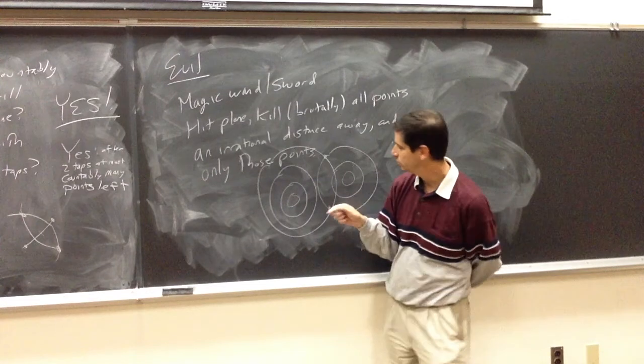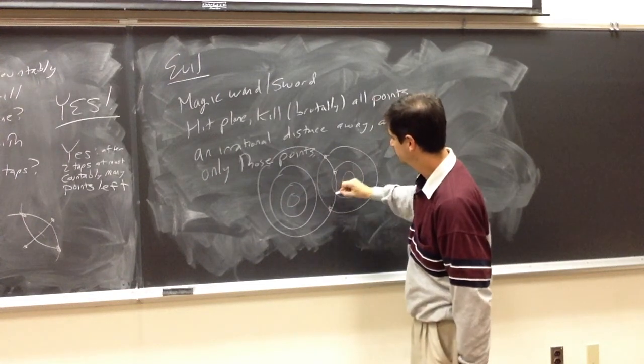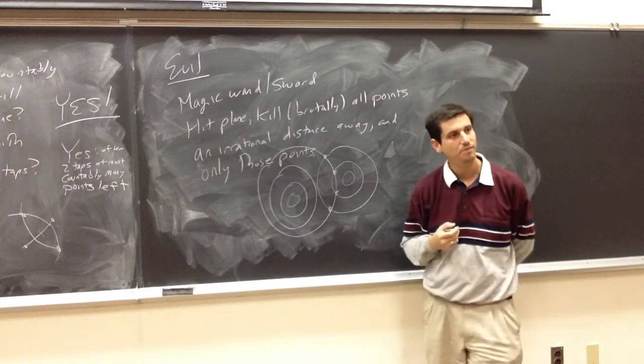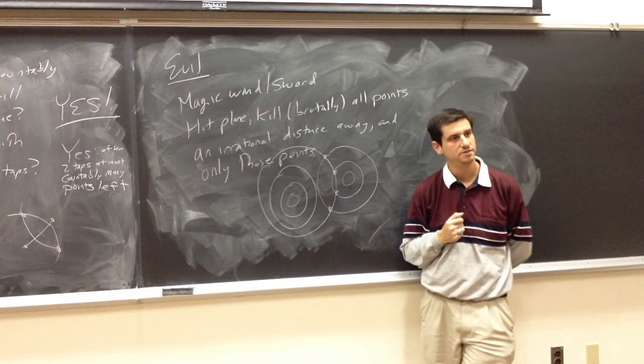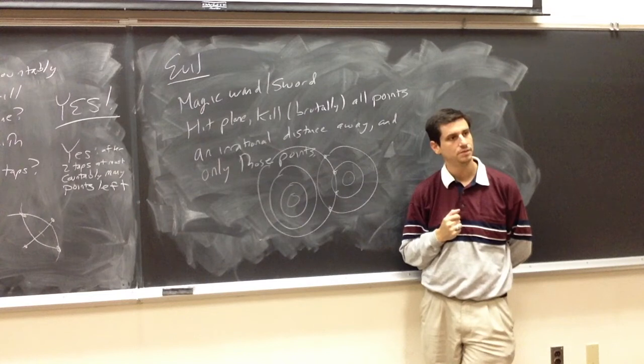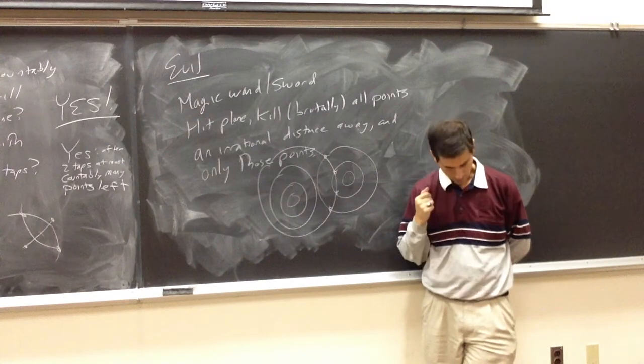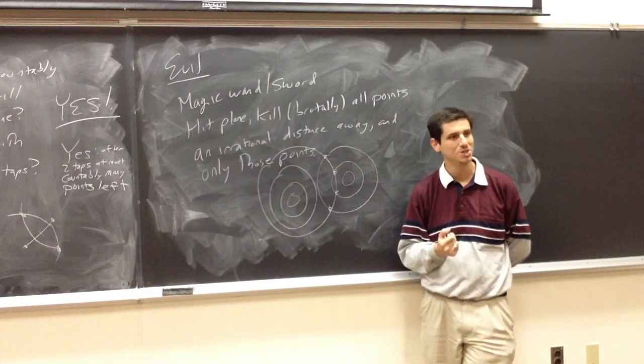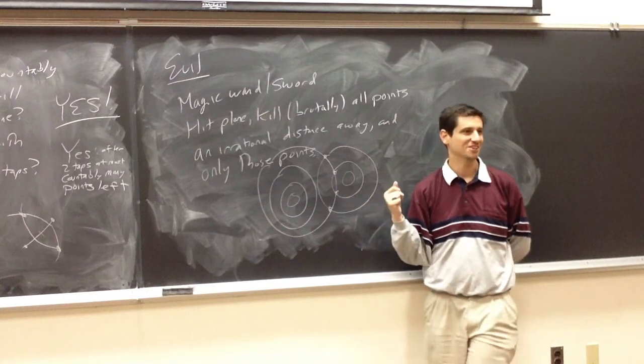But remember, we have lots of different points. Yes? Well, I'm not sure, but for any 3 points, you can draw a circle between them. You could make the radius be at an irrational distance. Good, that would allow me to kill 3 points, but I have uncountably many points to kill.